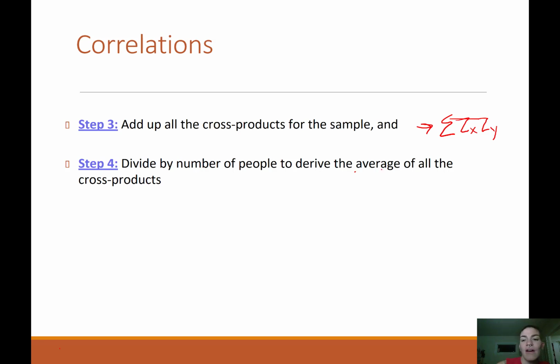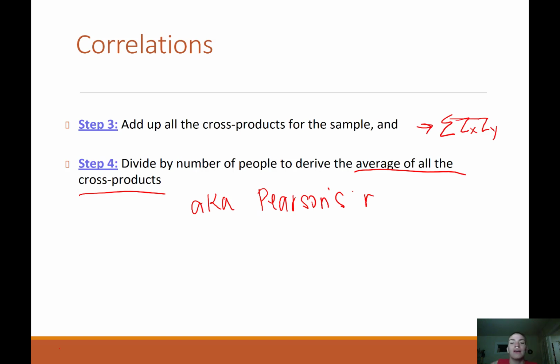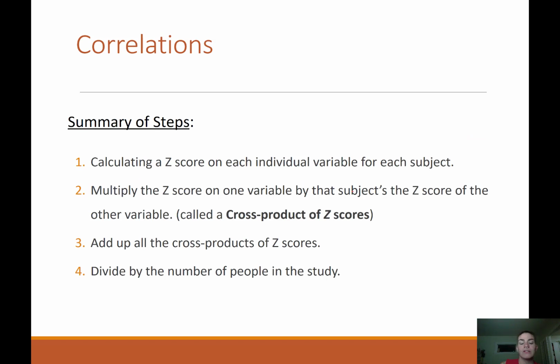And then the average of all the cross products is also known as Pearson's r. So that's actually how we calculate a correlation coefficient. We calculate the average cross product for the sample, and that is the same thing as Pearson's r. So on this slide, I just have a summary of those 4 steps, all on a single slide.